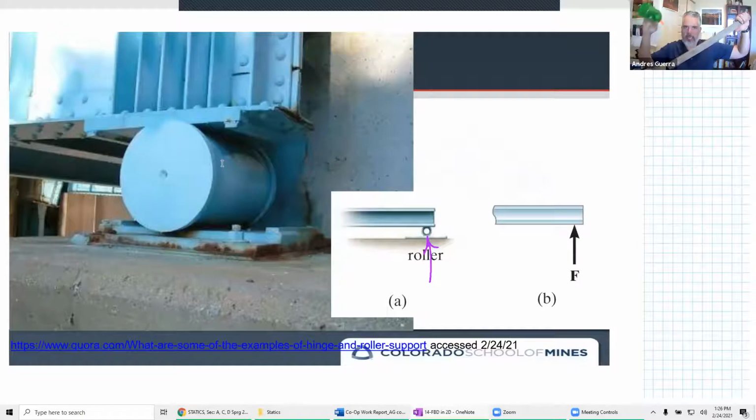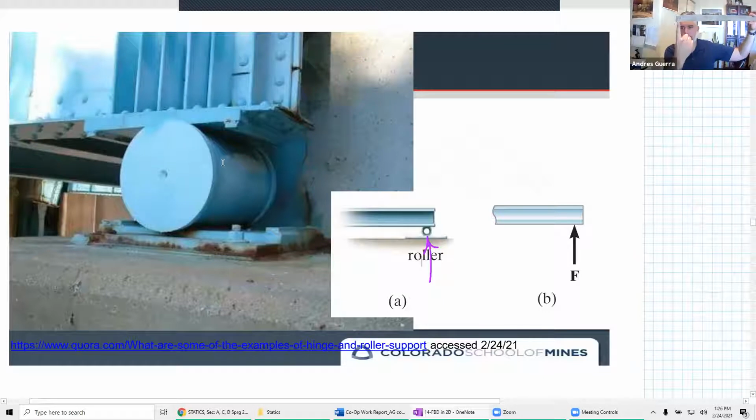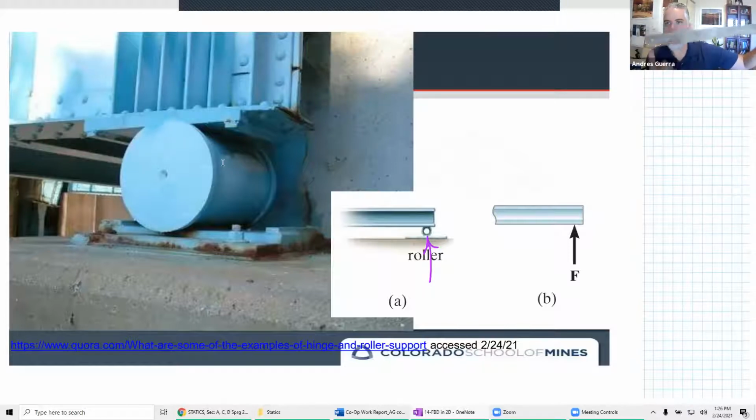And so I say, okay, I'm replacing a physical object with a force. I need a force right there that does the same thing that physical object was doing, so I'm going to apply a force there to hold it up. And then this is our model that we can use to predict what that force is going to equal in order to hold this bridge up, in this case, what that picture is showing right there.